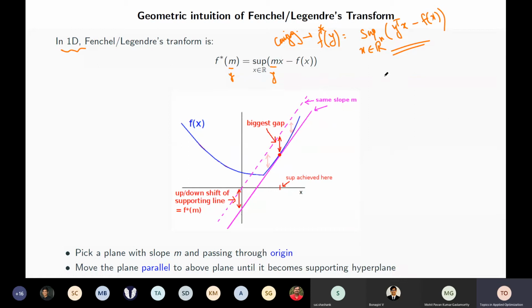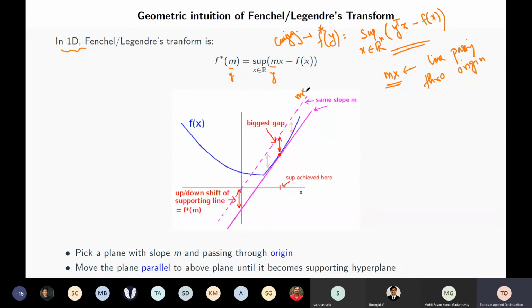If I see just the mx function, it is a line passing through the origin, and the origin is 0.